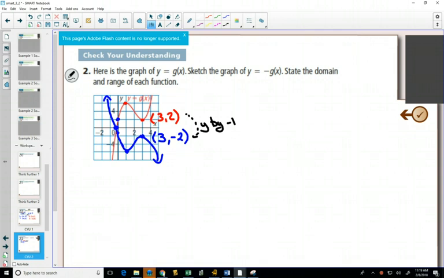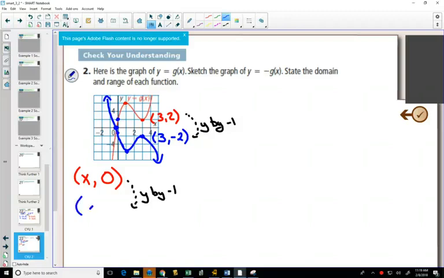So algebraically, if I think about an x-coordinate, here's my x-coordinate on my red graph. It's (x, 0). I don't know what that x value is. It looks like it's at about -0.2 or something. But my y-coordinate with an x-intercept is 0. What happens when I multiply my y-coordinate by -1?